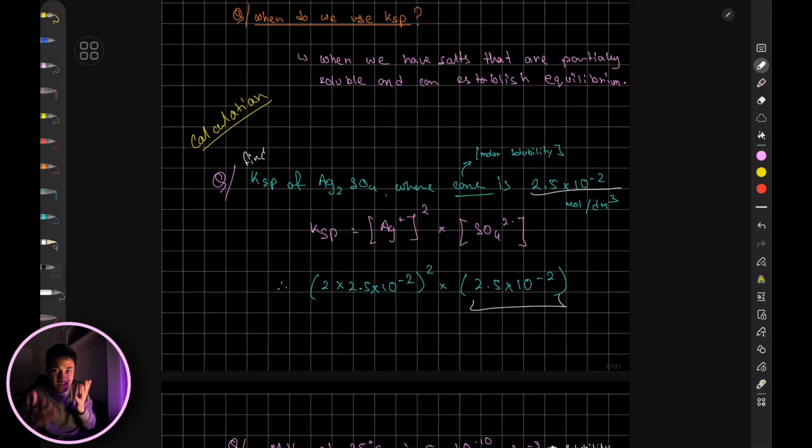It is basically adding more weightage to the silver ion. That is why the solubility product formula is structured in such a way. But yeah, you do consider twice over here, don't make this mistake.